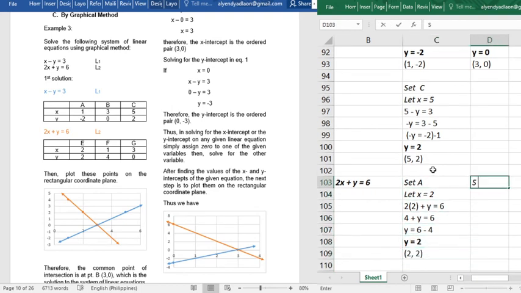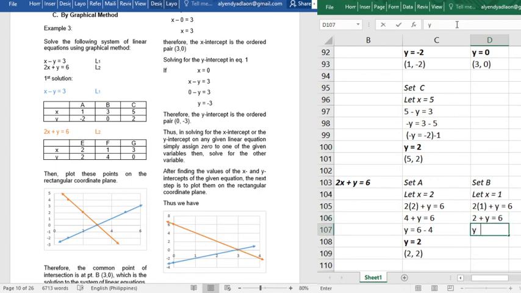Now next, let's proceed to set B. For set B, let x be 1. Take note, I only assume this number, so it's up to you whatever values you are going to assign to each of the sets. So we have 2 multiplied by 1 plus y equals 6. 2 times 1 is 2, plus y equals 6.